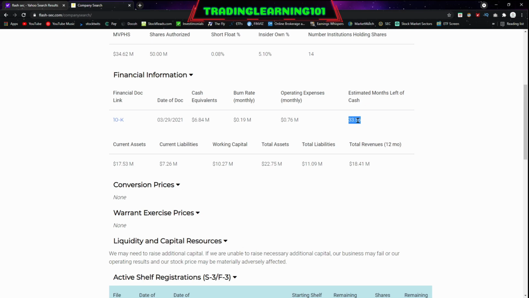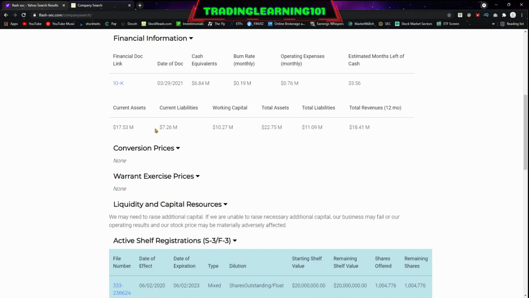If a company has no cash and their burn rate monthly is really high, they're going to be pretty desperate for money. And you're going to see that in a lot of pharmaceutical stocks because they're always looking for drugs and cures and going through their phase data testing, phase trial testing.